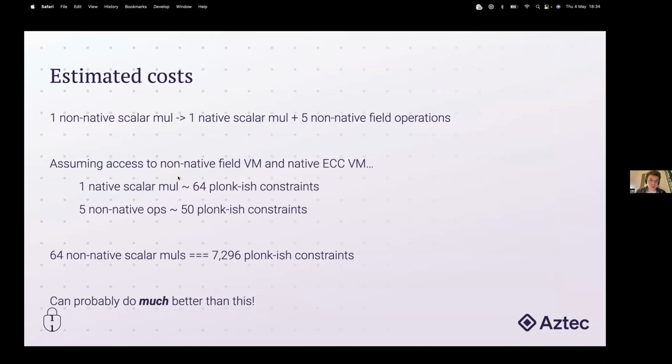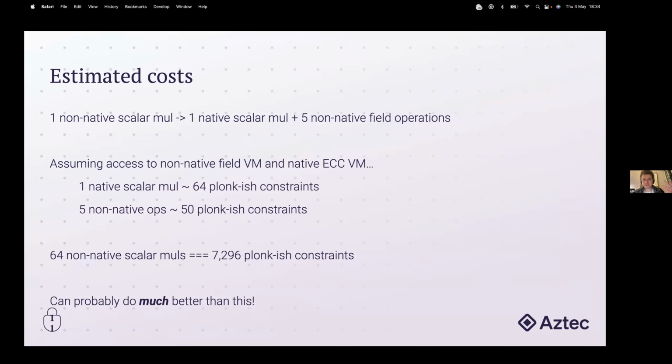So in terms of costs, the napkin math here, as I'm thinking, is that each non-native scalar multiplication instruction reduces to doing one native scalar mul in the ECC VM and 5 non-native field operations in the non-native field VM. And why 5? It's because one scalar mul instruction in the VM needs 5 columns.